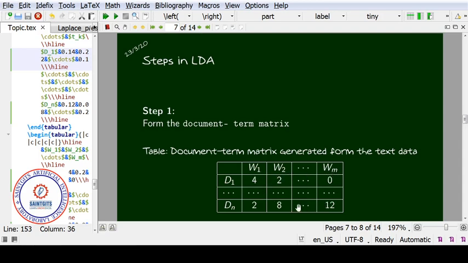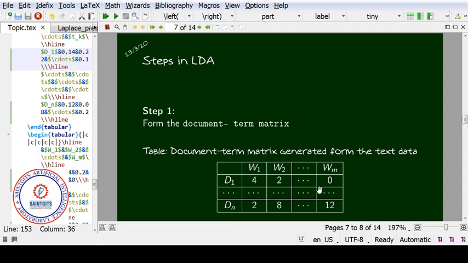Now this matrix is actually the frequency table. This first element 4 means in document 1, that means in the resume of the first student, the word W1 repeats 4 times, like that. This is a word frequency matrix, that is called the document term matrix. It contains two types of information, the document and also the term or word. For the time being, I take n documents and m words, and therefore this is an n by m matrix.